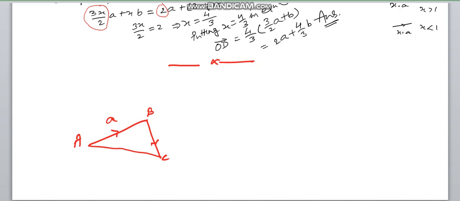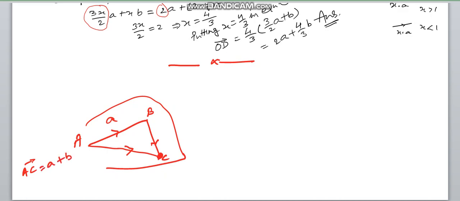Then the water channel which will block this smooth flow will be the resultant. Water is flowing like this easily, but here this water is coming and blocking. So this is the blocking point. If you consider vectors in this concept, like flow of water, then it becomes much easier. You can easily see AC equals a plus b. There is no harm.